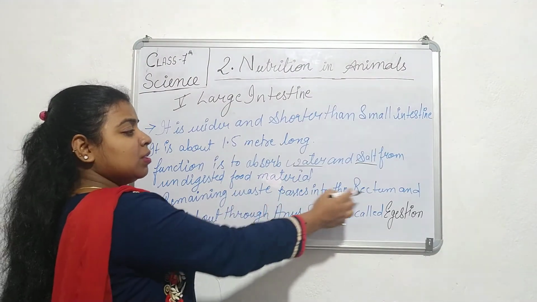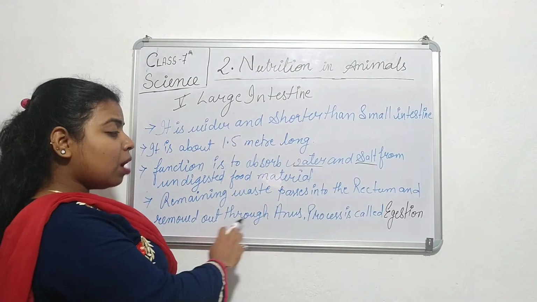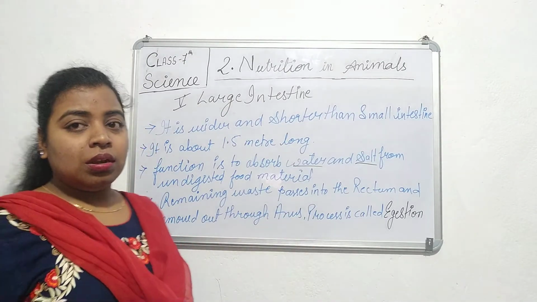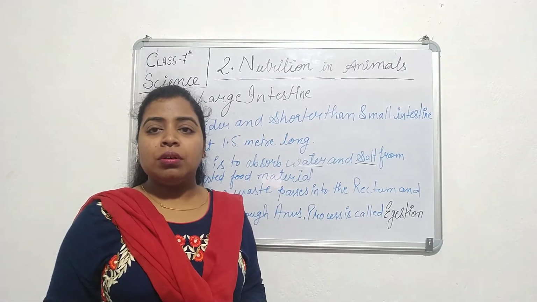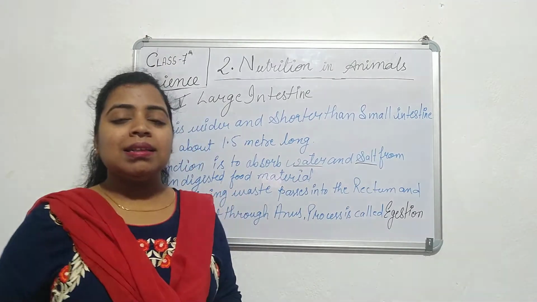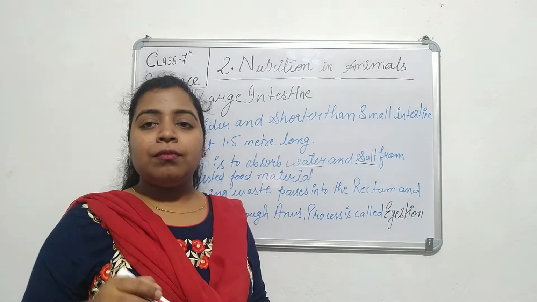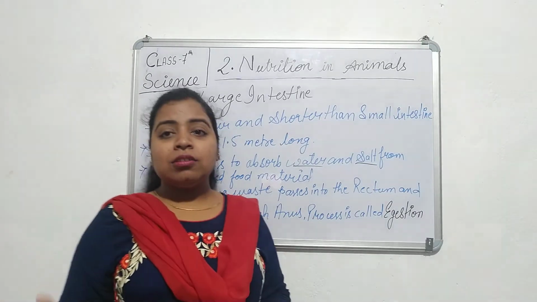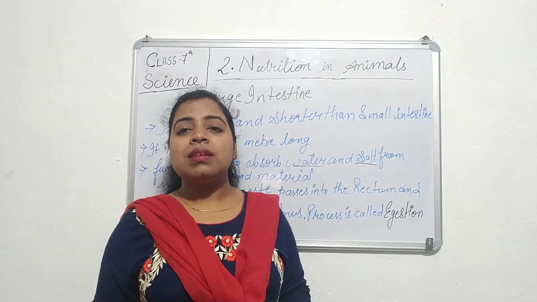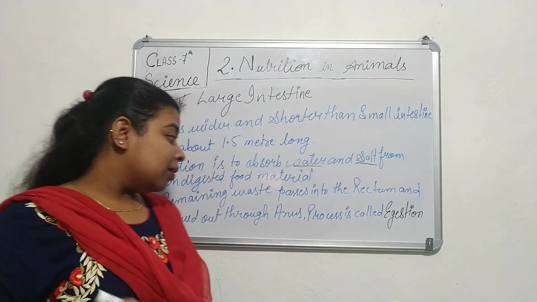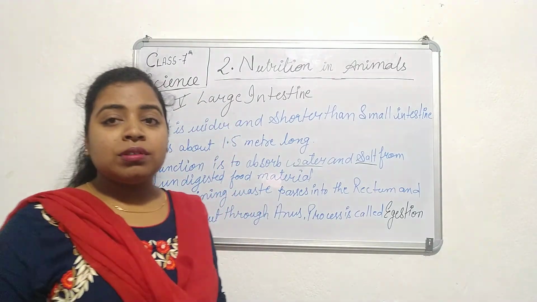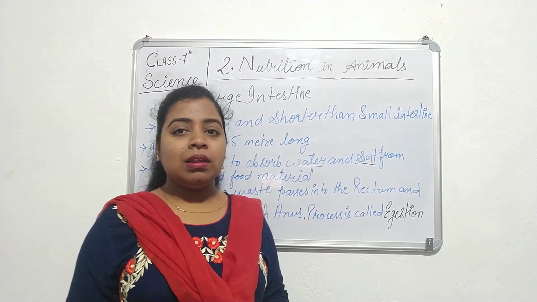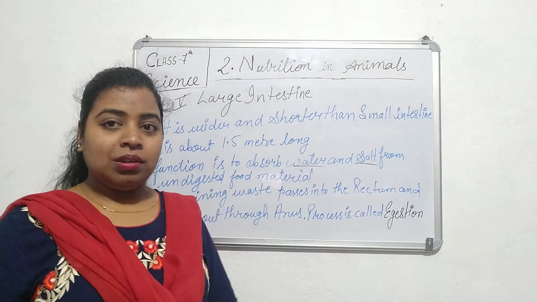The remaining waste passes into the rectum and is removed out through the anus, and that process is called egestion. After absorption of salt and water from the undigested food material, the waste passes to the rectum, and through the rectum it comes out through the anus, and that complete process of removal of undigested waste is called egestion.